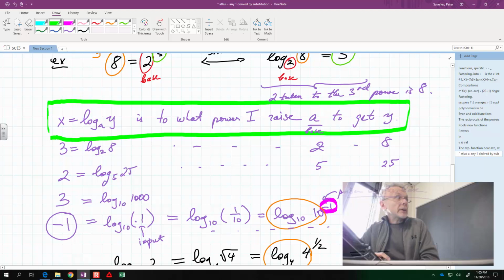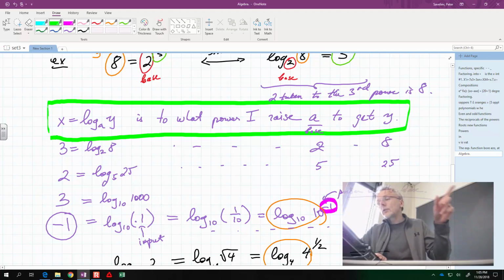Frequently, it is very transparent. What is logarithm base 2 of 8? How do you answer the question? You remember the powers of 2: 2, 4, 8, 16. So 8 is the power that I need, and the answer is 3.